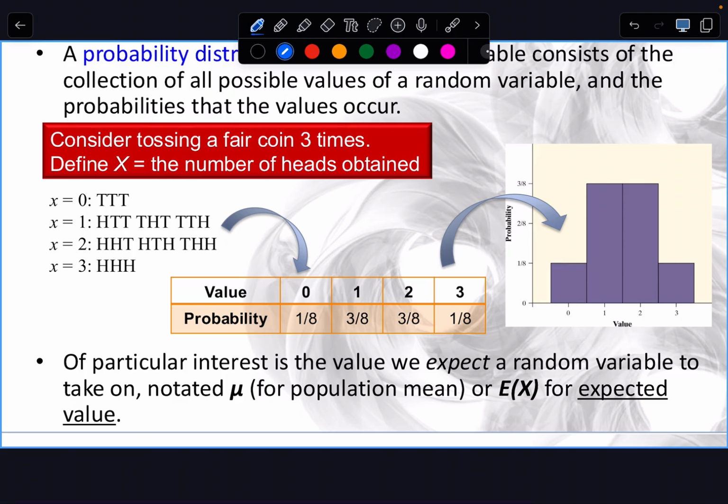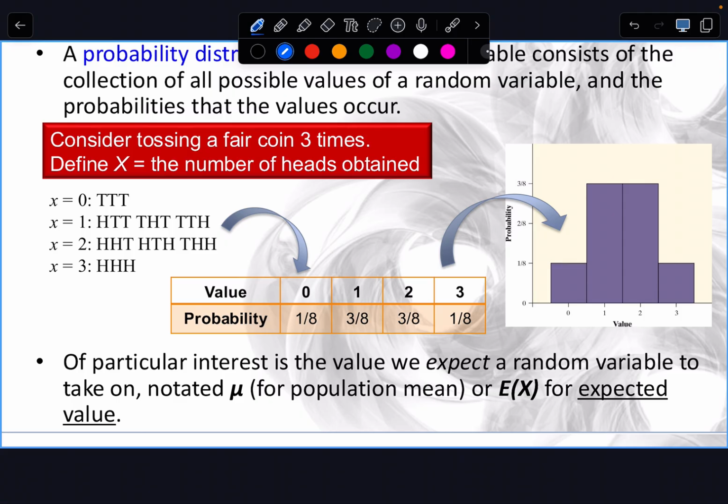Now looking at the graph here, if I wanted to know, if I did this coin toss multiple times, so I flip 3 coins, record the results, do it again, record the results, and I keep doing that over and over and over again. When we talk about expected value, we're talking about the mean of the distribution. So expected value and mean are the same thing. You're going to see those terms used interchangeably. On my answer keys, you're going to see me use notation interchangeably, so we're going to talk about that here in a second.